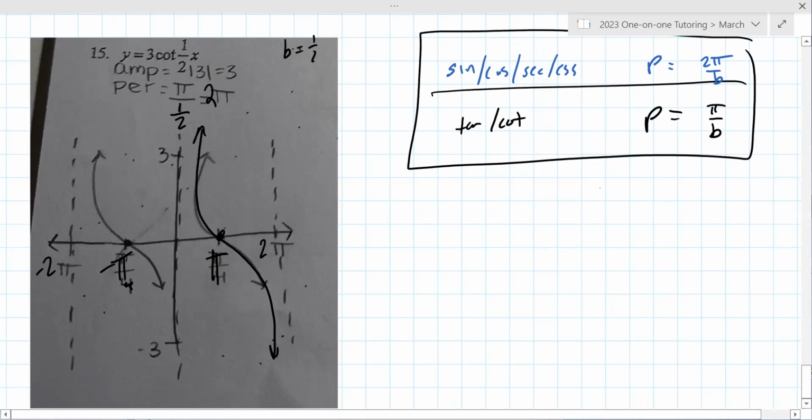All right, we can move on to the other one here. Tangent. So this one you did do correctly. Yeah, this one looks really good. I don't see any problems with this one actually.